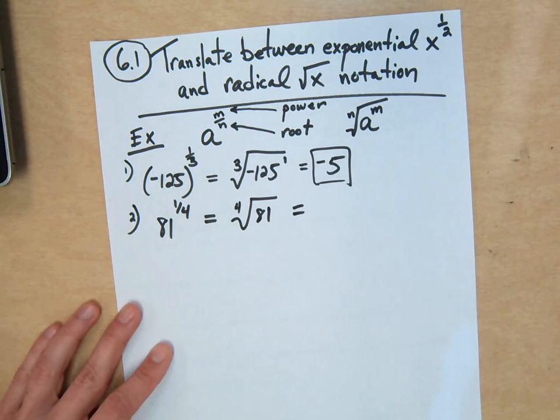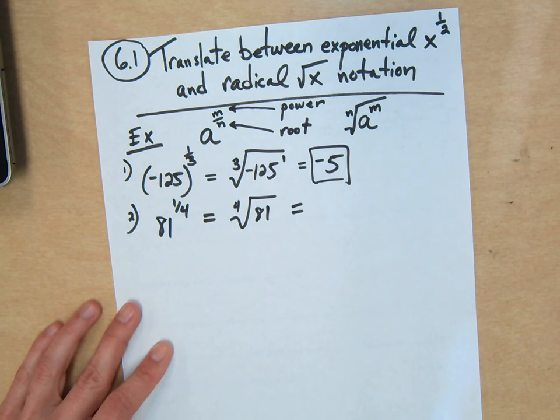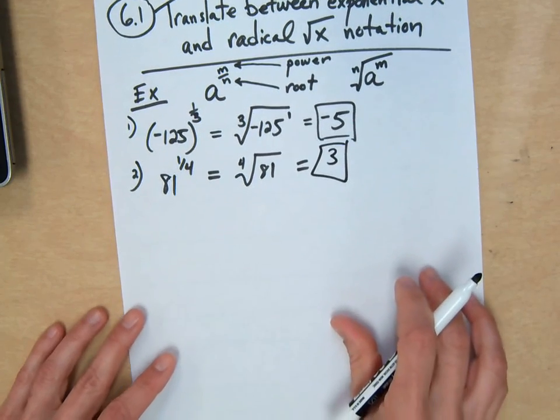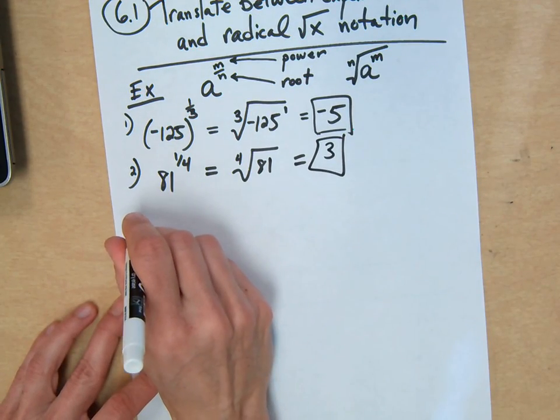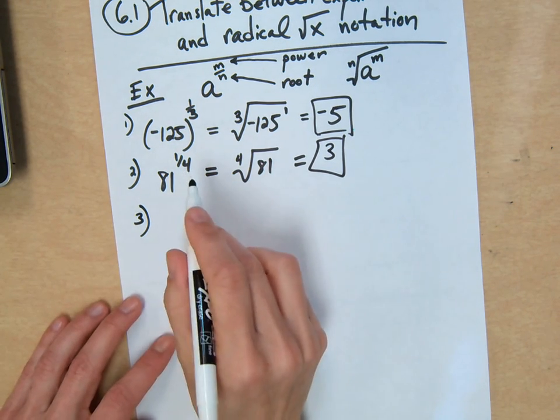Well, let's try 2. 2 times 2 is 4, times 2 is 8, times 2 is 16. No, that wasn't big enough. Let's try 3. Do a little mental math. Yeah, that's it. So that's 3. In your homework tonight, you'll see a section that says with calculator and without, so be sure that you do that accordingly.